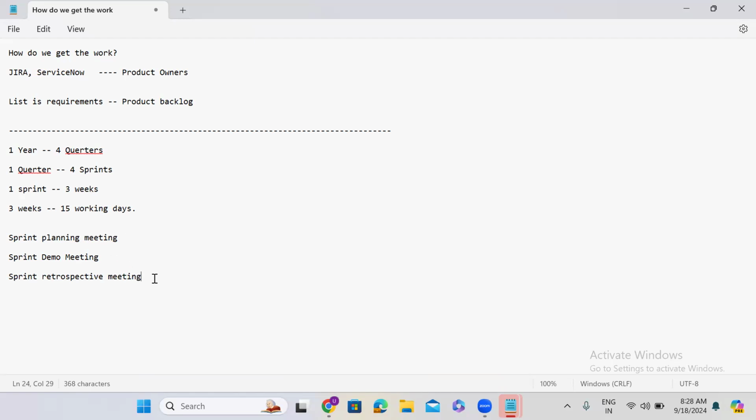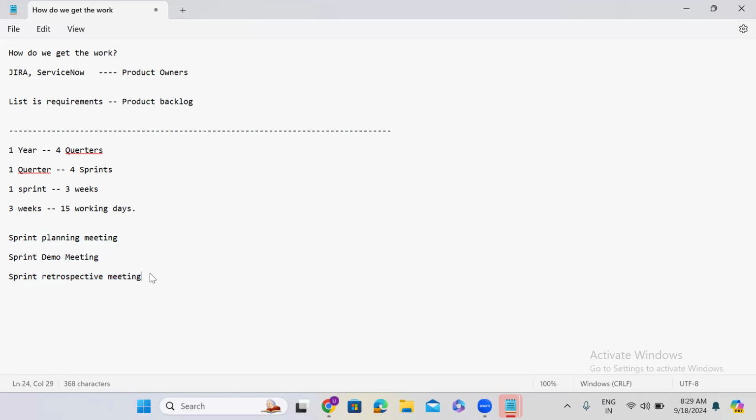So these meetings will happen in every sprint, guys. Before the beginning of the sprint, the planning meeting happens. At the end of the sprint, the demo meeting and the retrospective meeting happen.